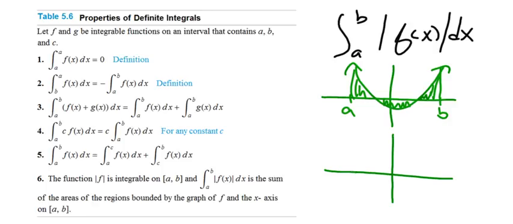I'm sorry, hold on. So now it's going to calculate this area as positive, and this area as positive, and it's going to give me a total area. So part of it that was below is now above because it's absolute value, only positive values. So we will get a total area for that, and that's what it's saying for number 6.